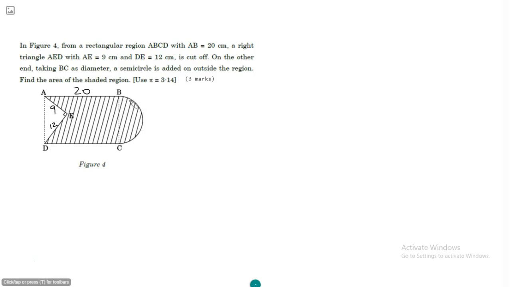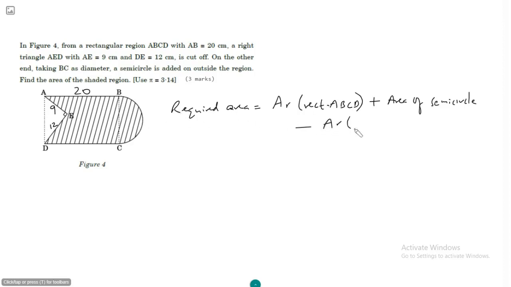Okay, so originally we have a rectangle ABCD, right? You're cutting off a right triangle from one of the ends and you're adding a semicircle. So what's the required area? The area of the shaded region is going to be area of rectangle ABCD plus area of the semicircle minus area of triangle AED, right?